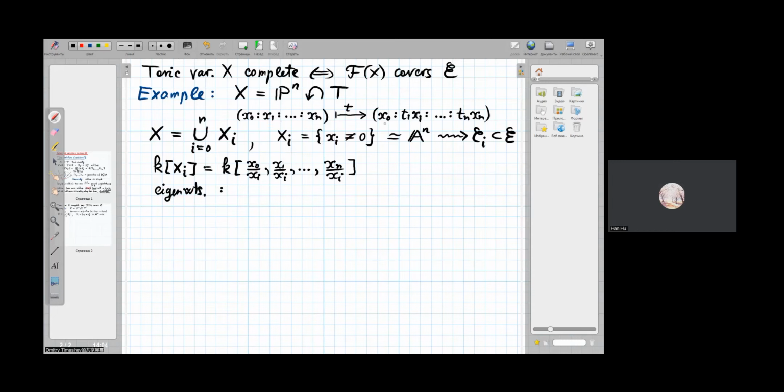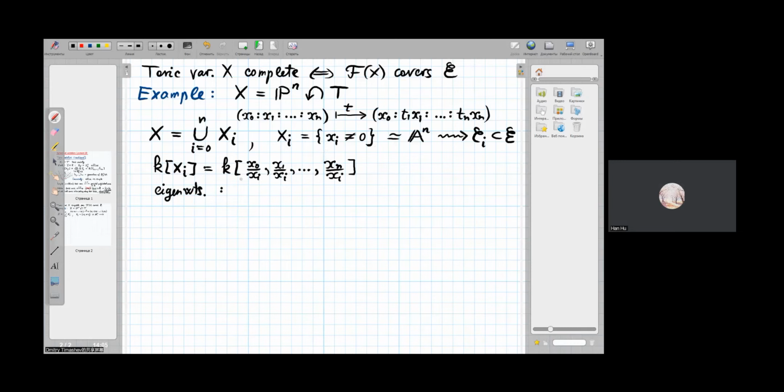It is easily seen that the orbits are just given by taking some coordinates to be equal to 0, and the other coordinates non-zero. So an orbit is distinguished by saying which coordinates are 0. The closed orbit on Xi is just a fixed point. It is given by the condition that xi is non-zero and all other coordinates are 0. So it is easily seen that it is the unique closed orbit in this affine space. But of course, simpleness follows from the general statement on the previous page.